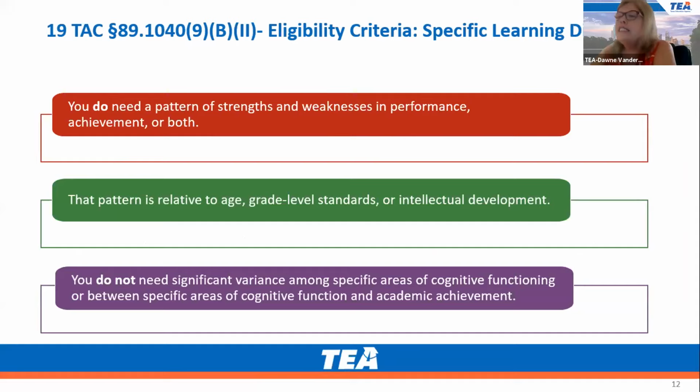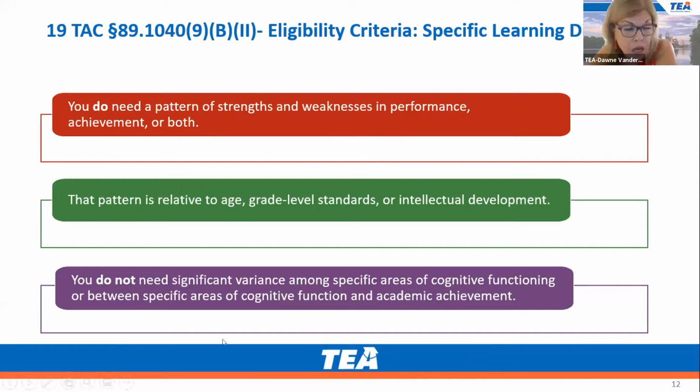Let's break down the changes to patterns of strengths and weaknesses a bit further. I'm going to read this slide. If you do need a pattern of strengths and weaknesses in performance, achievement, or both, that pattern is relative to age, grade level standards, or intellectual development.